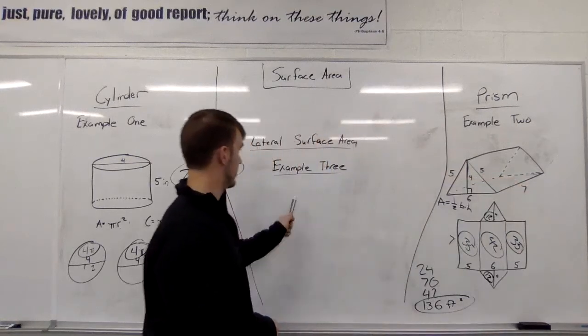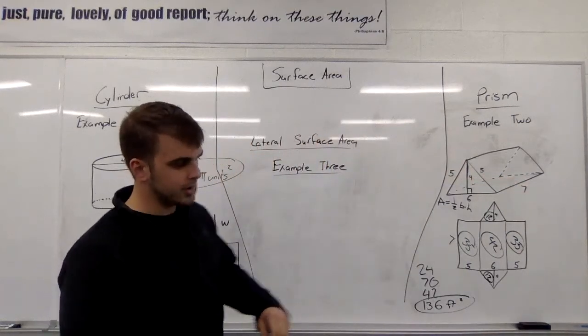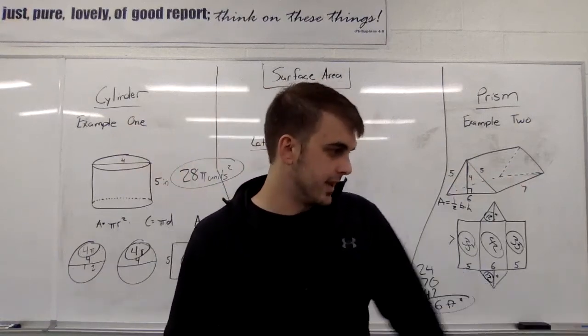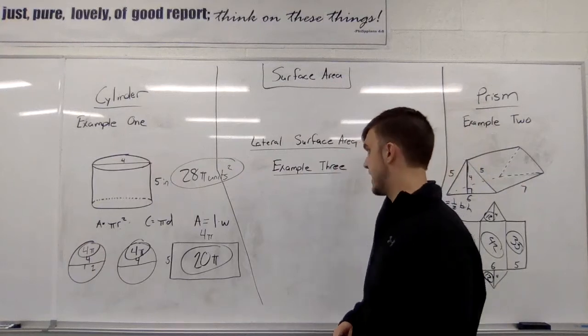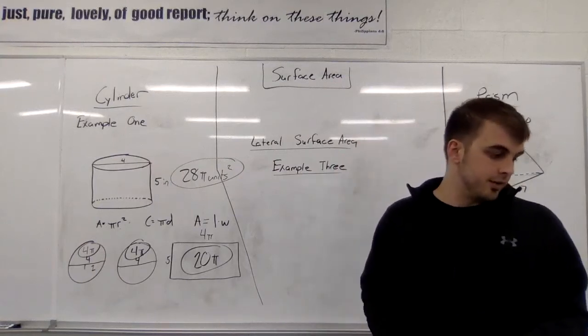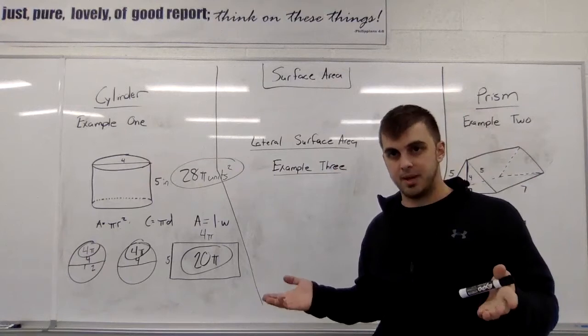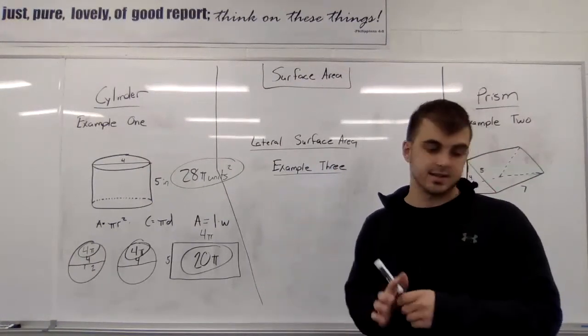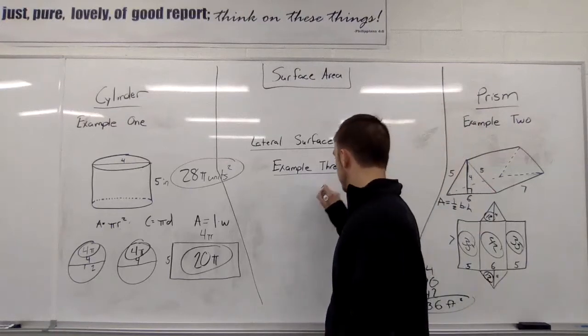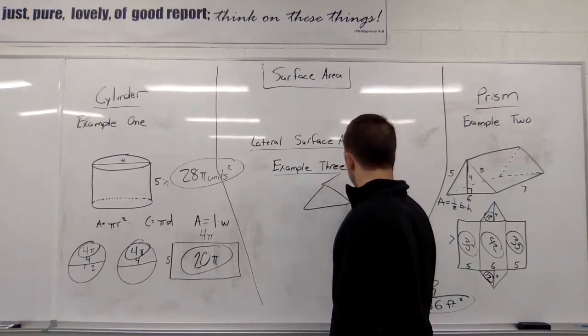But so example 3, you're looking at a barn, and they want to paint the exterior walls of his shed, I guess, not a barn. So obviously he's not going to paint the roof or the sides there. So the top part, the roof right here that you can see, you're not going to do anything with.